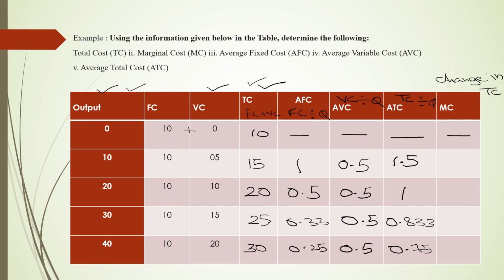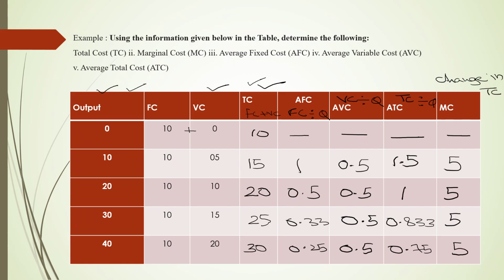So 15 minus 10, my marginal cost is 5. Again, when the output is 20, the total cost is 20. Before it was 15. So 20 minus 15, my marginal cost is 5. Again, 25 minus 20, the marginal cost is 5. Again, what is the change in total cost? 30 minus 25. So the marginal cost is 5.